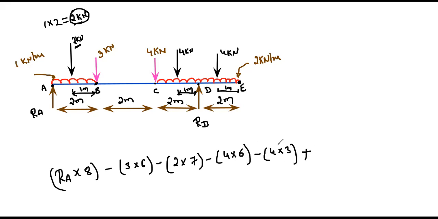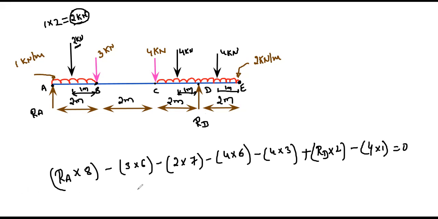Next we have plus, because here we have RD. RD is the reaction force into perpendicular distance of 2 meters, so RD into 2. Then minus the UDL converted into a point load, 4 into perpendicular distance 1, which is equal to 0.